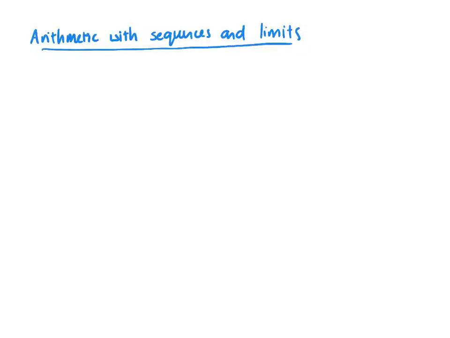All right. So here's a nice theorem that you may have encountered before, or maybe could guess is true. When you combine sequences in certain ways, their limits behave in nice ways too. So let's set the scene here.